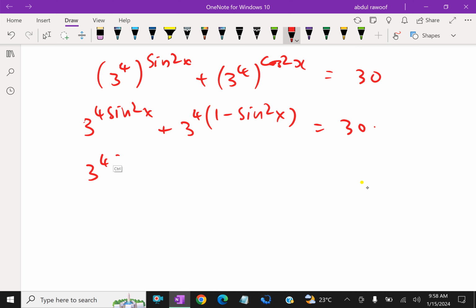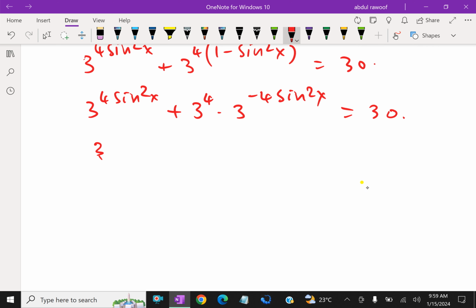3 power 4 sine squared x plus 3 power 4 into 3 power minus 4 sine squared x equal 30.